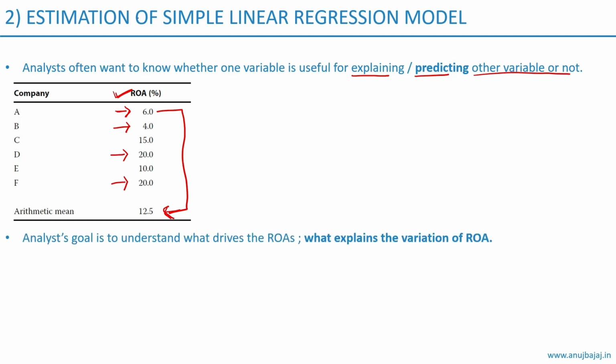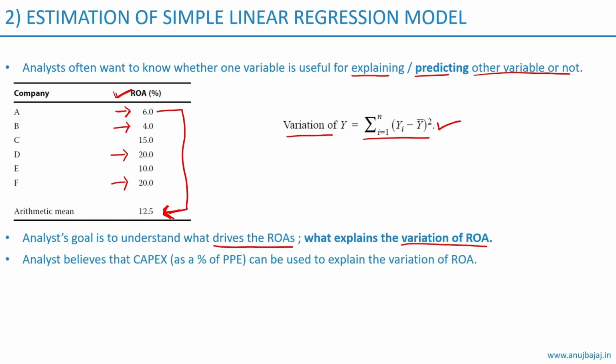So the analyst's goal is to understand what drives the ROA, what explains the variation of each company's ROA from the arithmetic mean. So this is the variation that we are trying to explain. This formula is similar to that of variance, except that we don't divide by n minus 1. So we simply have the sum of squared deviations or sum of squared variation.